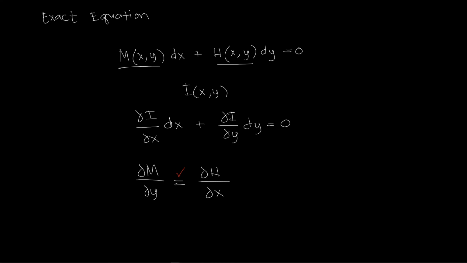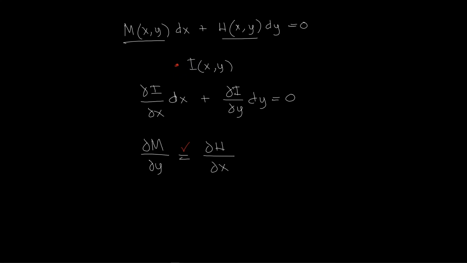Okay. Now, to discover the I of x and y, para mapangita nato ang I of x and y is simply, considering na met niya ang partial derivative of M with respect to y equal to partial derivative of N with respect to x.